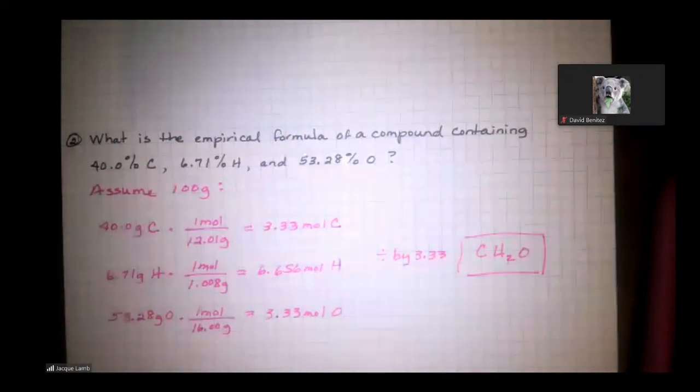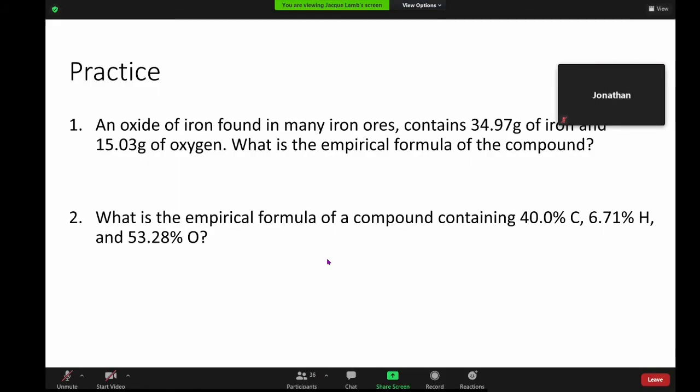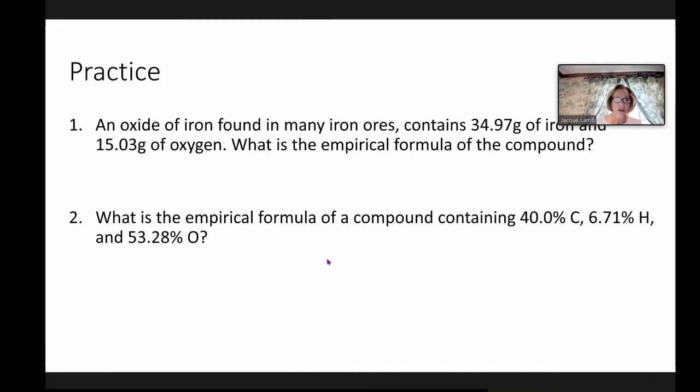Okay. So I think, if I'm not mistaken, there is, let's go back. Oops, I want to share my screen. Okay, so that's the 2 practice problems we did, and I think there is a breakout room session for you.